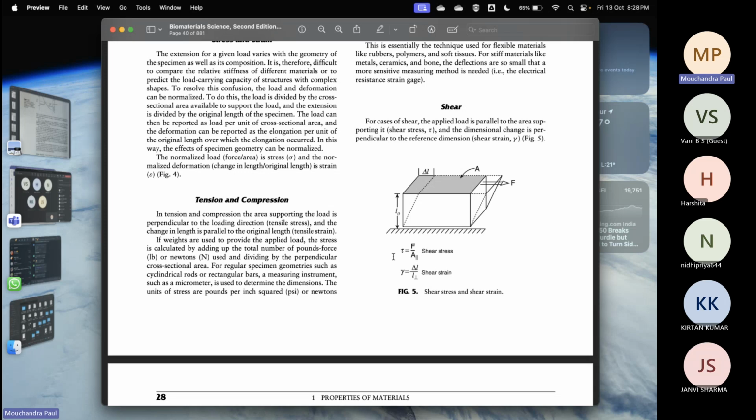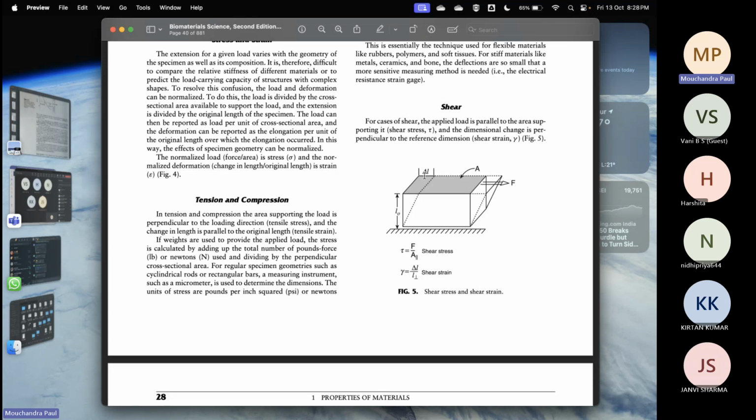So from that you can then calculate the shear stress. Shear stress will be F, which is the tangential force, divided by the area that is parallel. Note here we are taking the area that is parallel to the tangential force to calculate the shear stress.